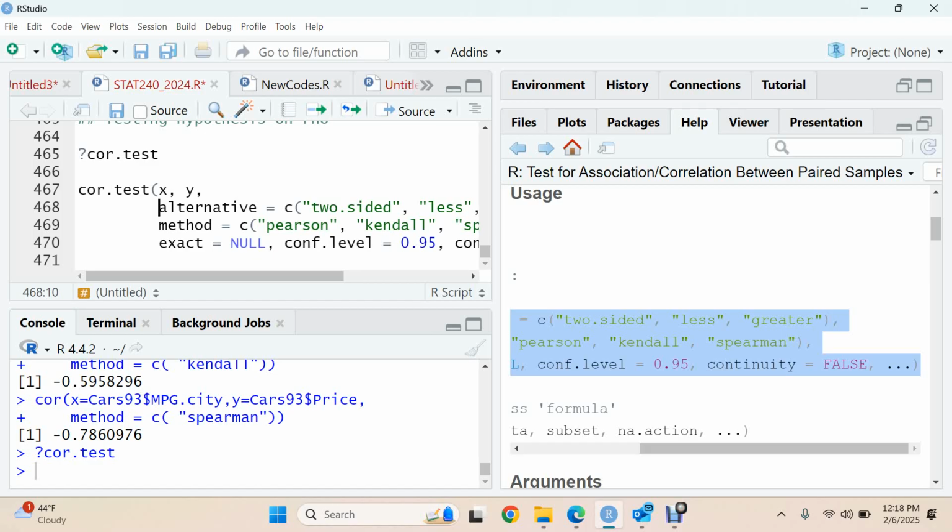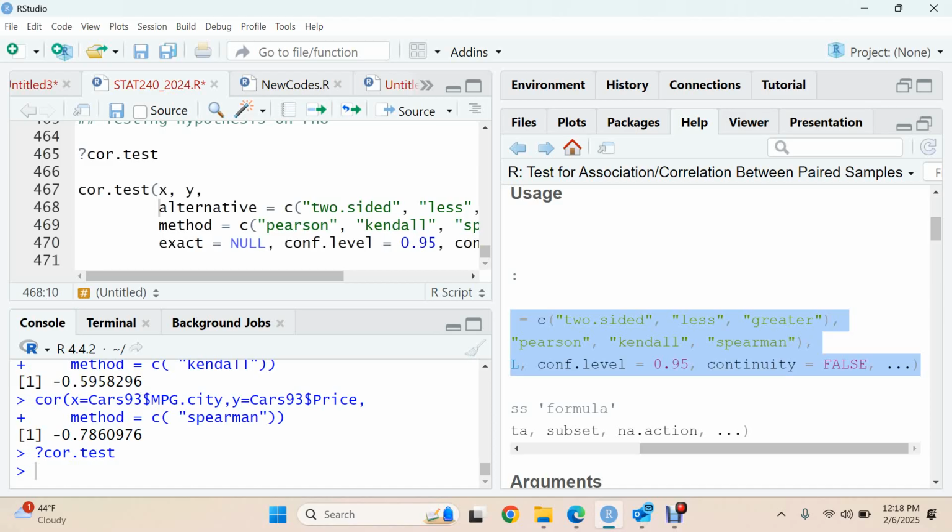Which one did we do? The price and the MPG, yes. Whatever we are doing, when you go home, please go through it with the braking distance of a car and the speed, and so forth. All right, so let's go back.